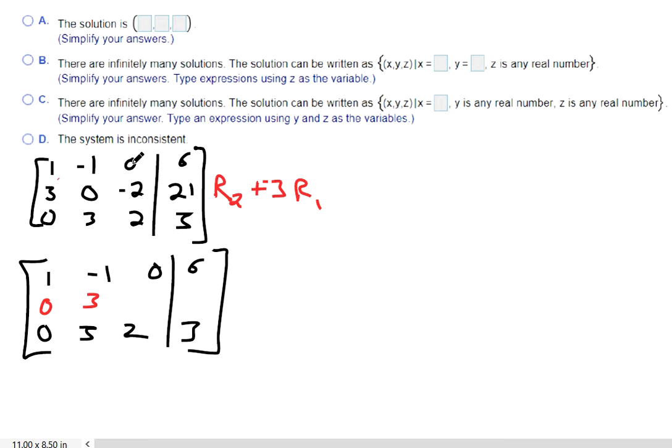And then 3 plus 0 makes 3. -3 times 0 makes 0. 0 plus -2 makes -2. -3 times 6 makes -18. -18 plus 21 makes 3.